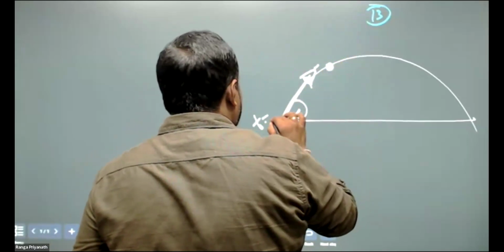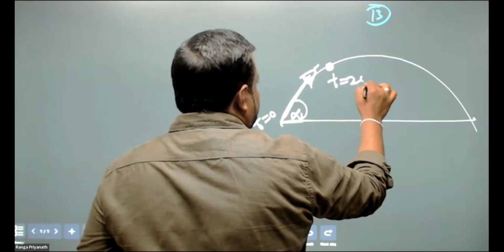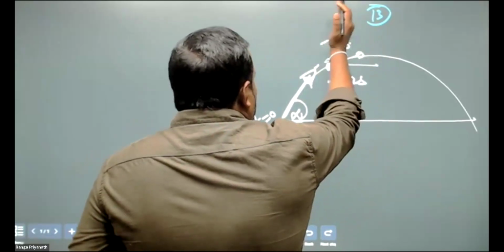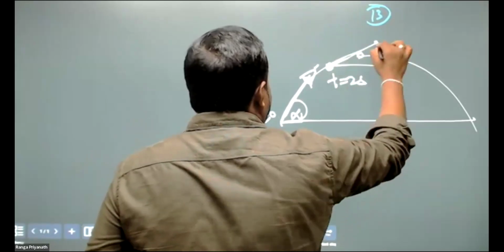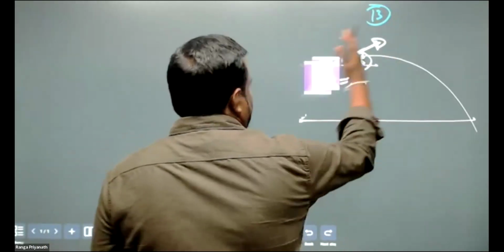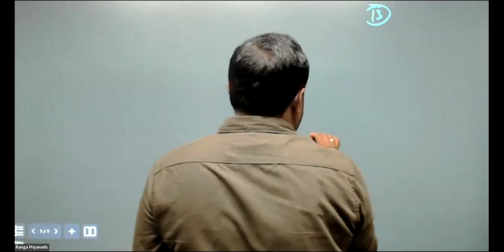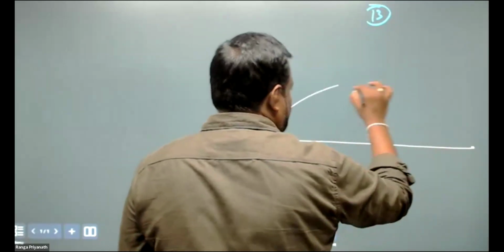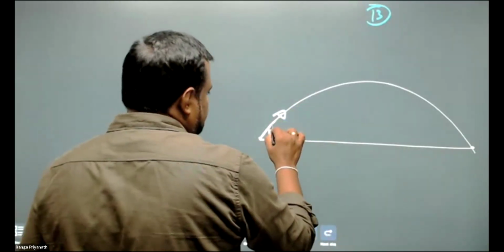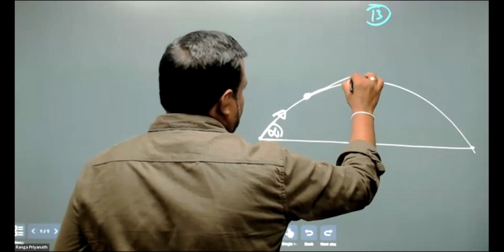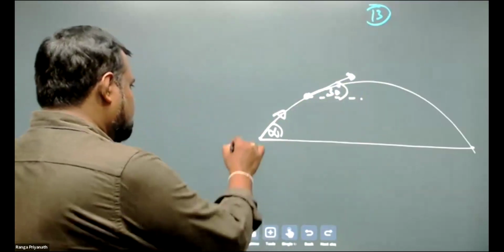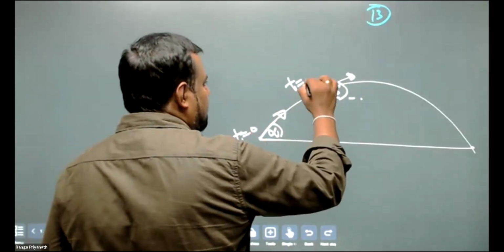At t equals 0, after another 2 seconds, this angle is 30. This angle is 30. T equals 0, t equals 2 seconds.